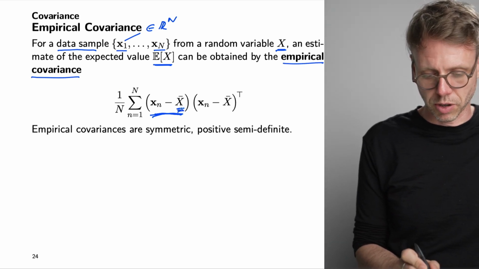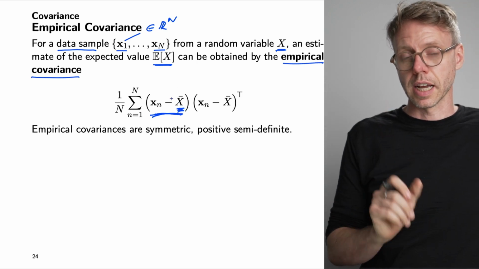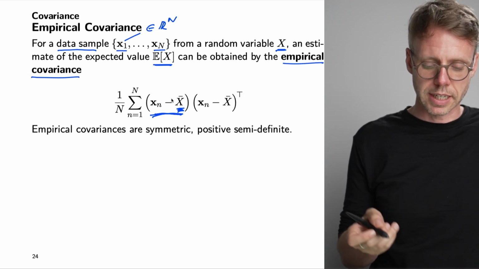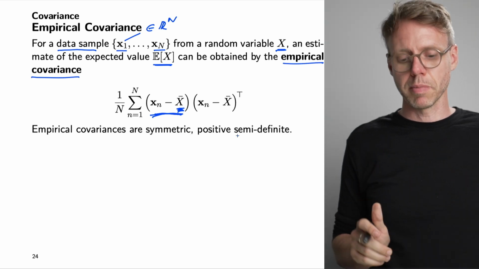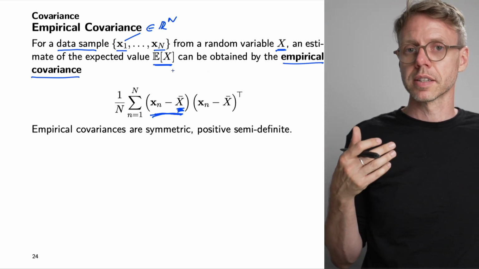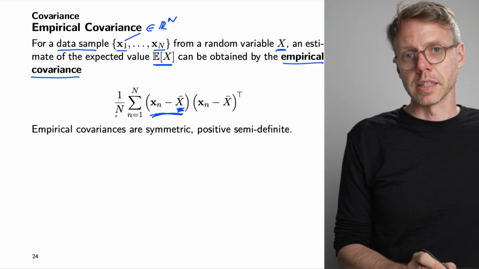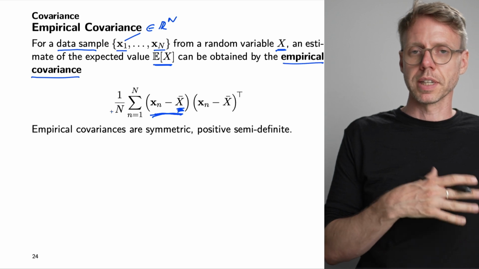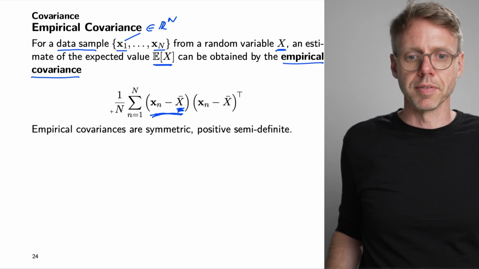Remember, we are using already the data to estimate here this expected value x bar. So we're somehow using the data twice, which results in a slight underestimation of variances. We could correct for this bias by dividing by n minus 1, which for small sample sizes might make a difference. For large sample sizes it becomes less and less relevant.